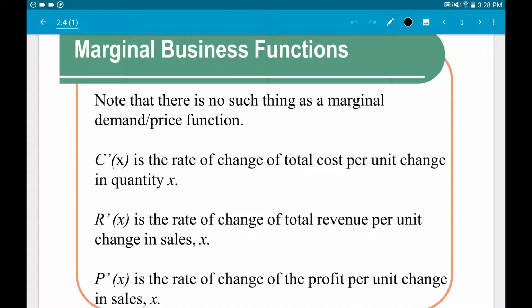So when we say c prime of x is the rate of change of the total cost per unit change and quantity x, what we're saying is, if I plug a value for x into a marginal cost function, it doesn't give me the total cost. It gives me the change in the cost. Same thing can be said for marginal revenue and marginal profit. It's not the total revenue, it's the change in the revenue. It's not the total profit, it's the change in the profit.